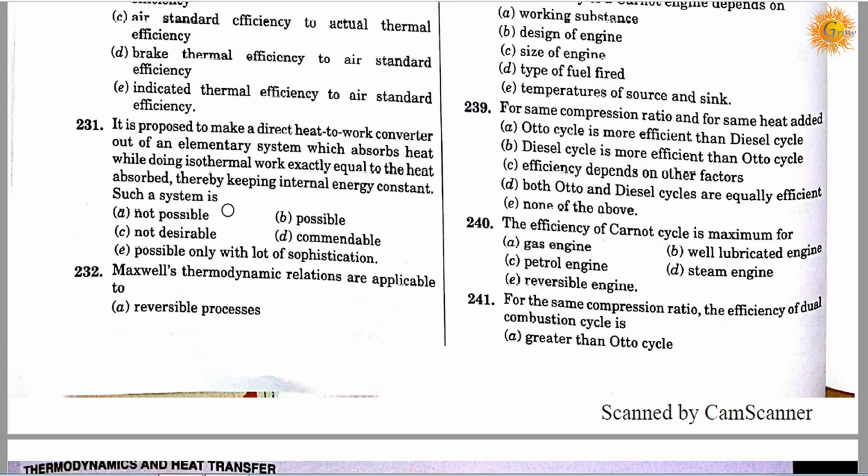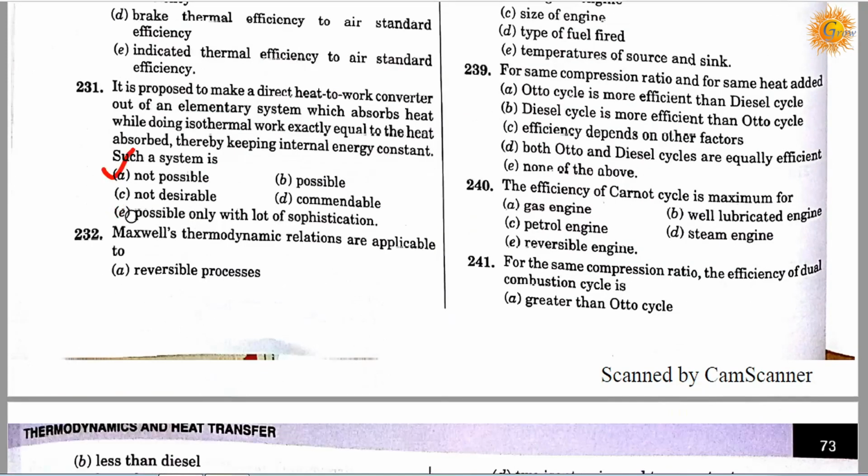Such a system is: option A, not possible; option B, possible; option C, not desirable; option D, commendable; option E, possible only with a lot of sophistications. So the correct answer is A, it's not possible.